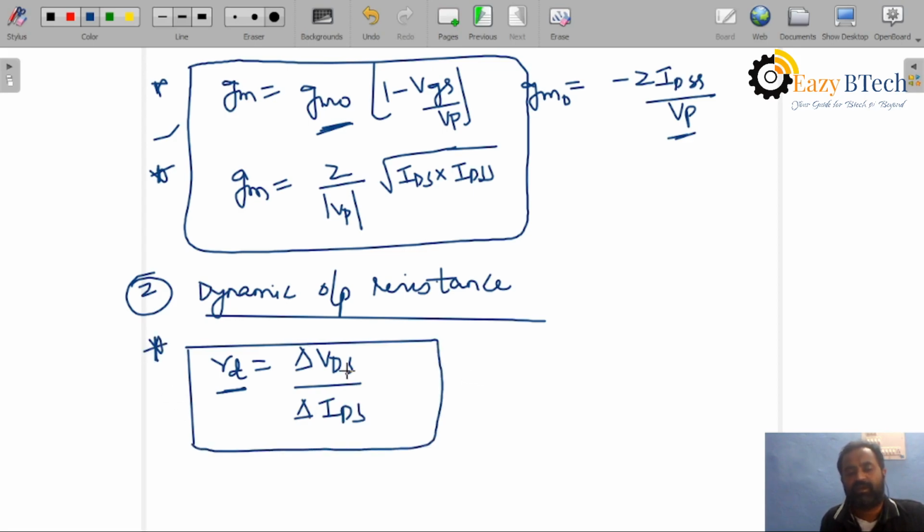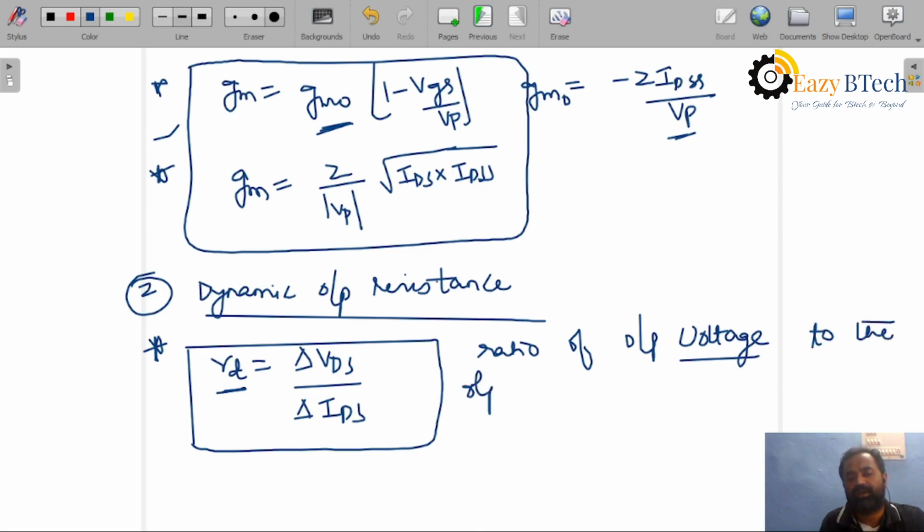It is the ratio of output voltage to the output current of a transistor. It is known as dynamic resistance.